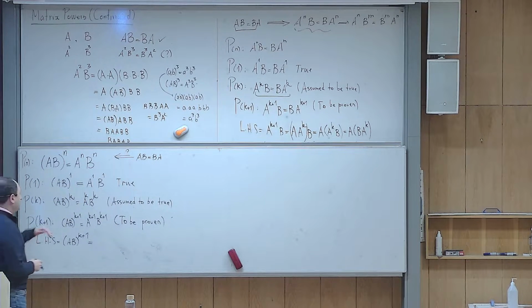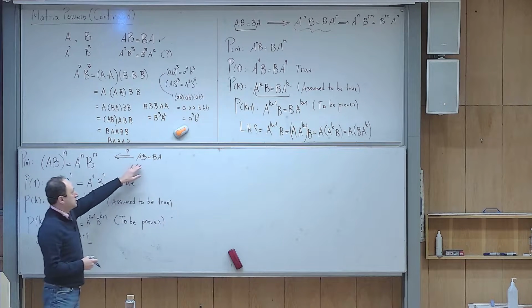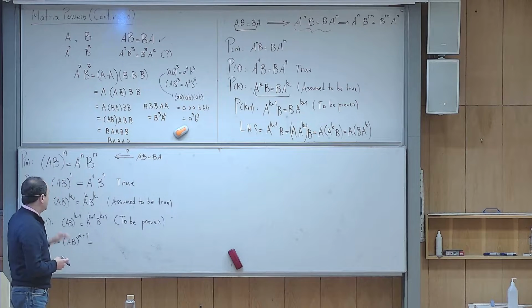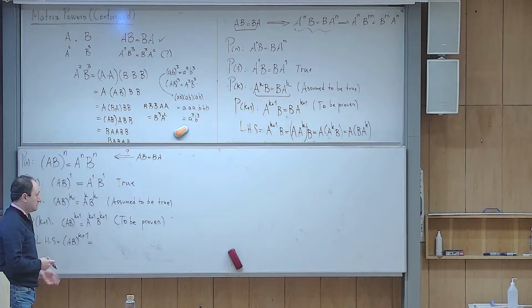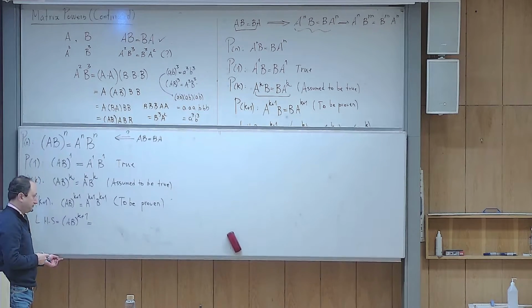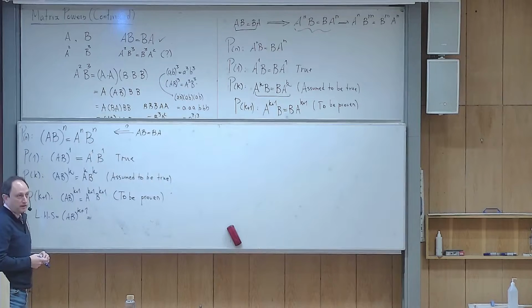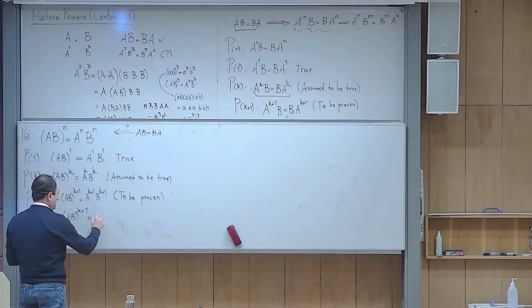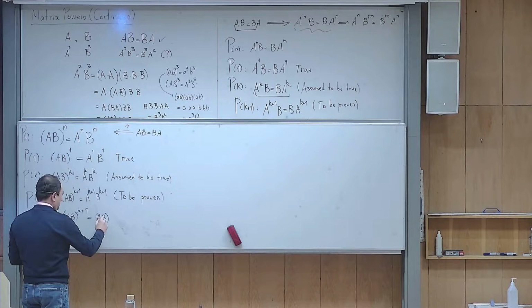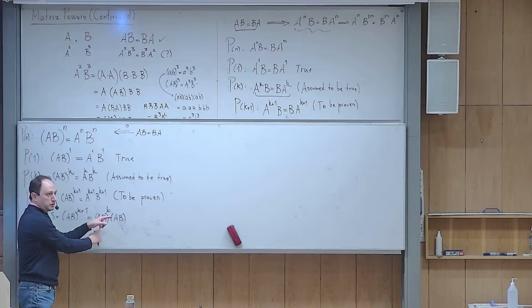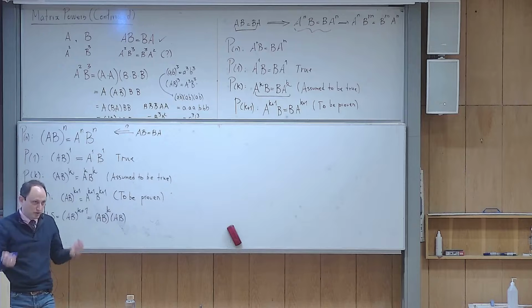So I have 2 assumptions in my hand. One of them is the one given in the theorem itself, and the other one is the assumption in the induction. How should I continue? Well, you can write (AB) to the power of k+1 as (AB) to the power of k times AB. Of course, you can also write it the other way around. Which one is superior, we don't know. Let us start with one of them.